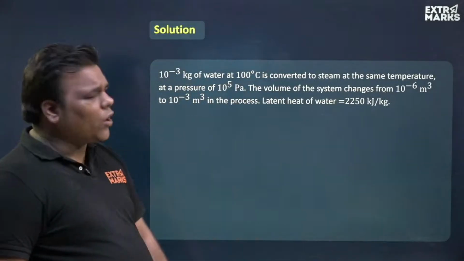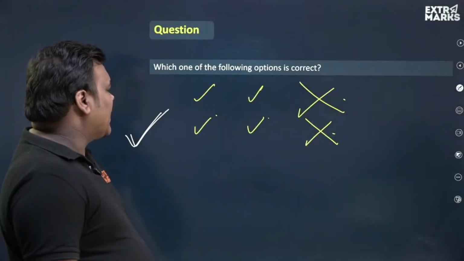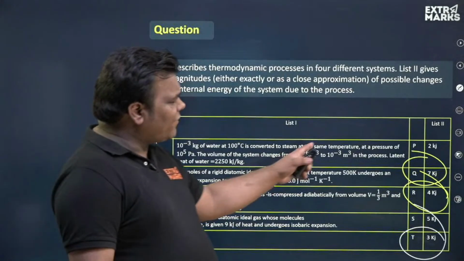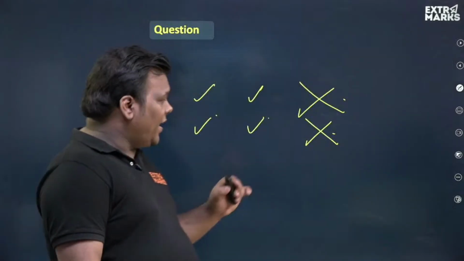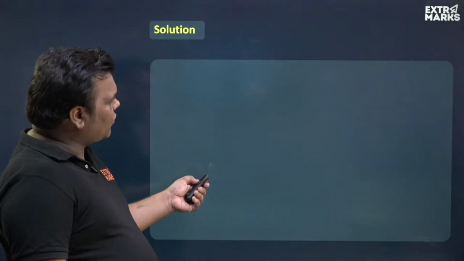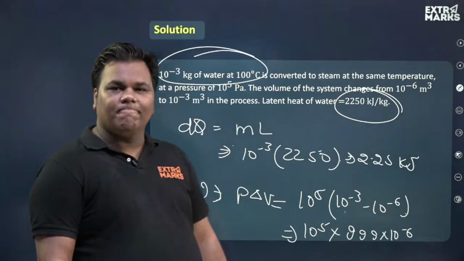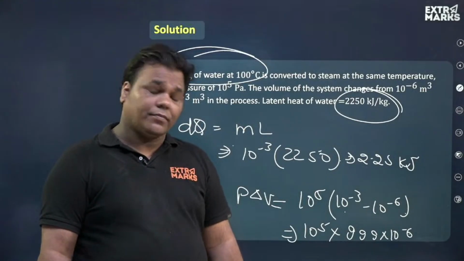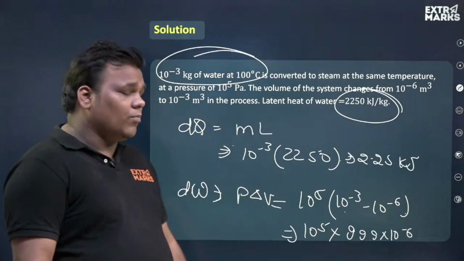You can calculate it almost, and I can assure you, the answer will be around 2 kilojoule. Why? Because if you observe it, you can calculate the answer. Okay? I think it's time to move to the next point.